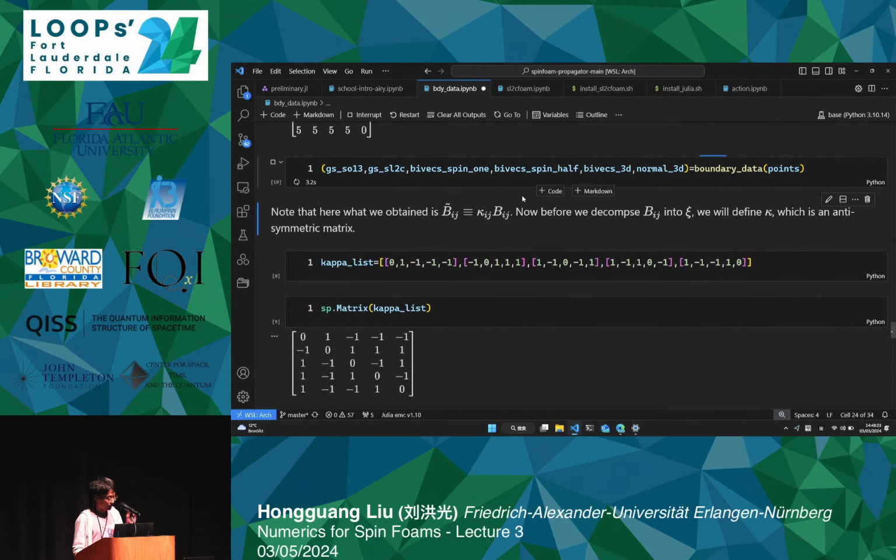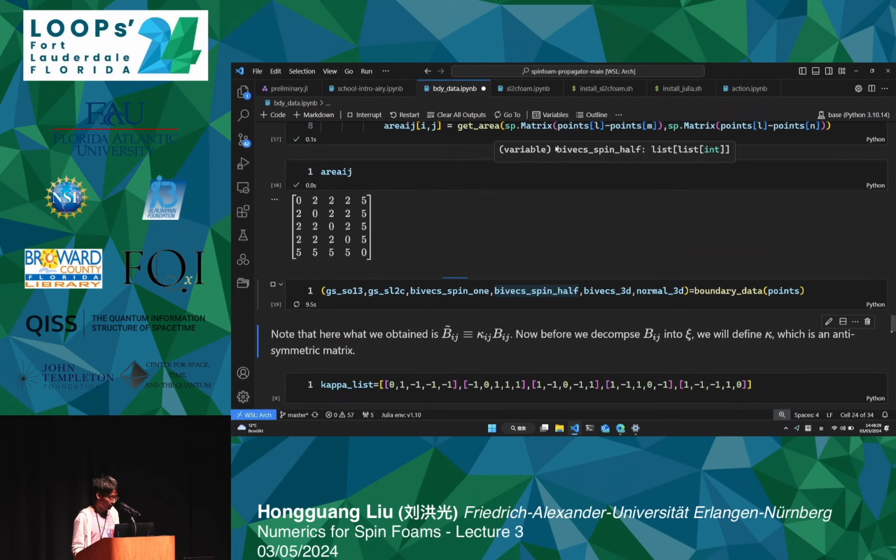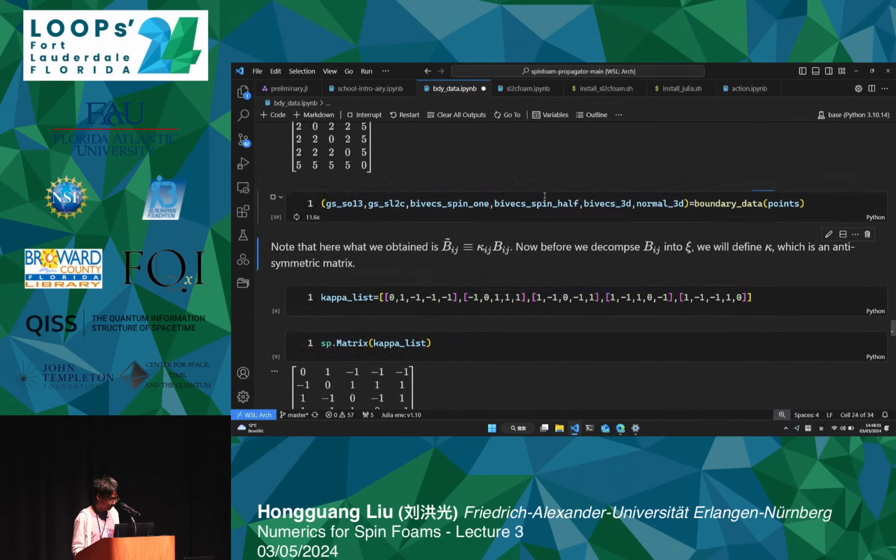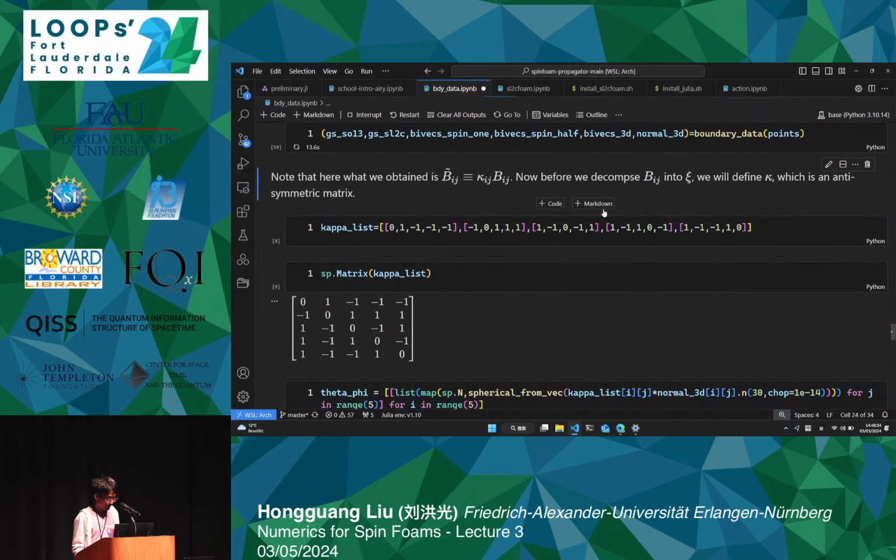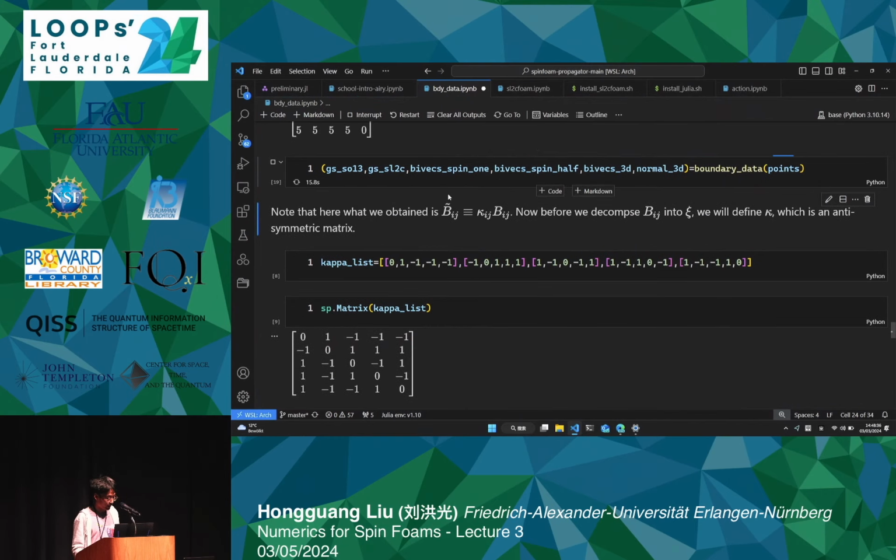It takes 8 seconds more or less because it's algebraic instead of numerical. And from here, we directly obtain what I called beta tilde, which is up to a kappa our real boundary data. But kappa we need to give. So just given kappa, we obtain the B_ij for our boundary data from here.